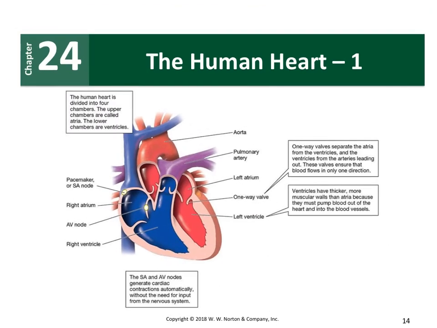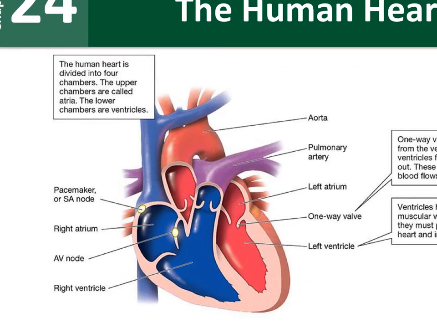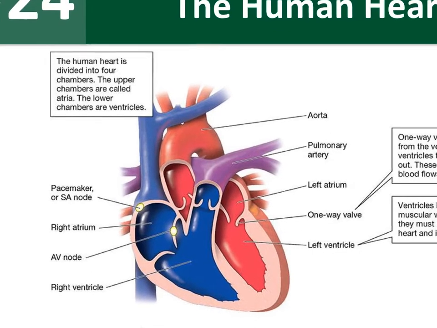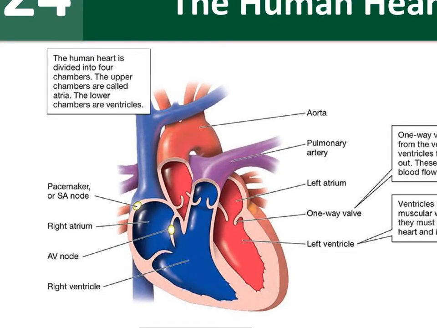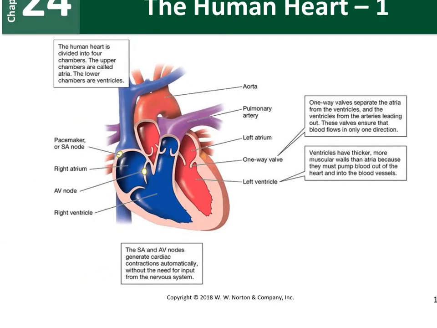Okay. So the human heart is divided into 4 chambers. The upper chambers are called atria. Each is an atrium. The lower chambers are called ventricles. One-way valves separate the atria from the ventricles.